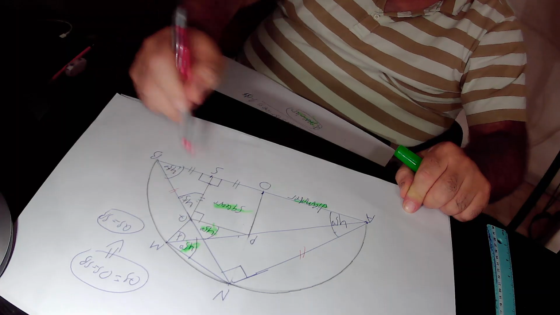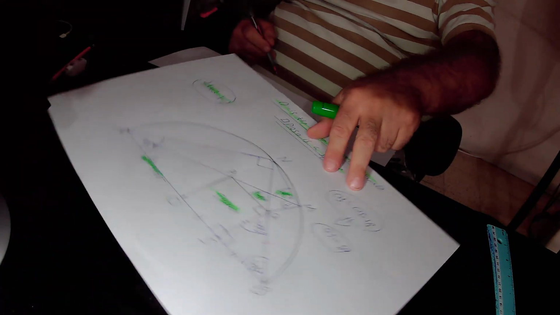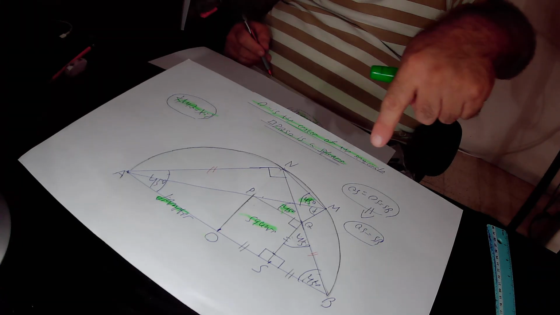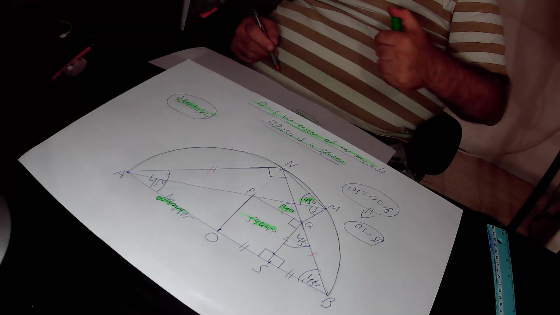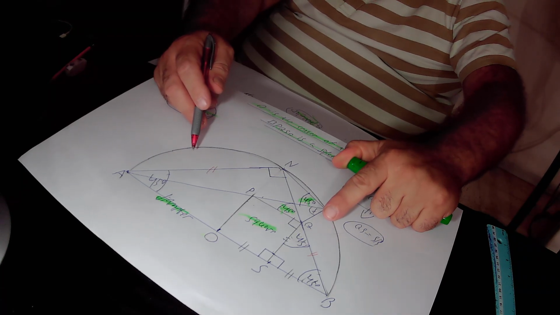AN equals BN. And because in the right triangle ANB, side AN equals side NB, the right triangle ANB is an isosceles triangle.